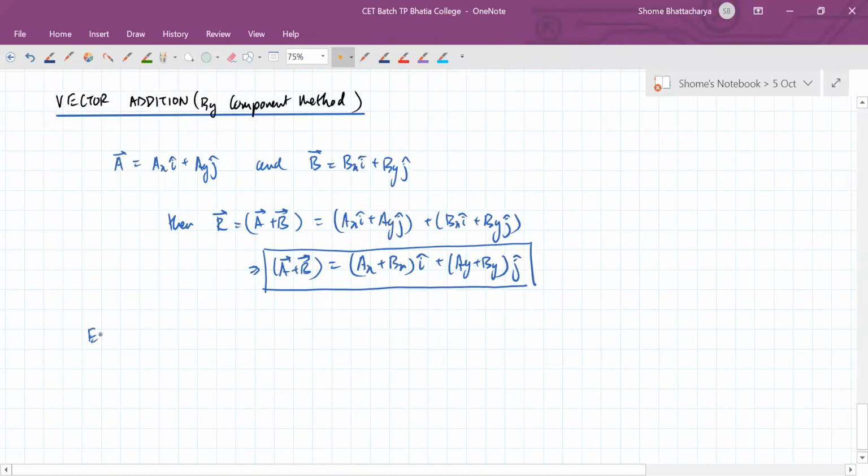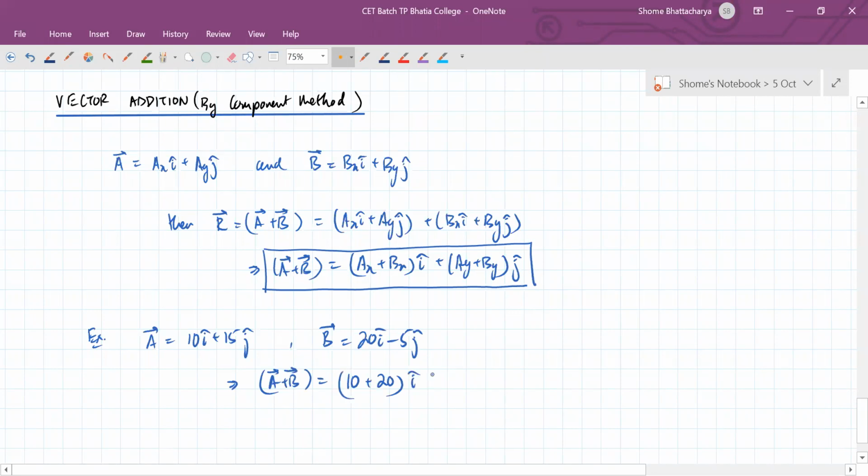So for example, if we have the vector A as 10 i cap plus 15 j cap, and I have a vector B as, let's say, 20 i cap minus 5 j cap, then A plus B will become A's x component, which is 10, plus B's x component, which is 20, plus A's y component, which is 15, plus B's y component, which is minus 5.